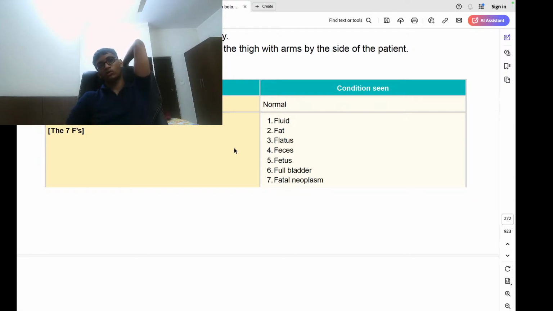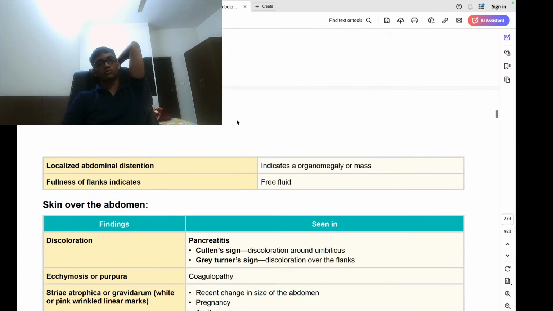The 7 F's which I've told already: fluid, fat, fetus, flatulence, malignant growth, tumors, and more, such as full bladder and feces.